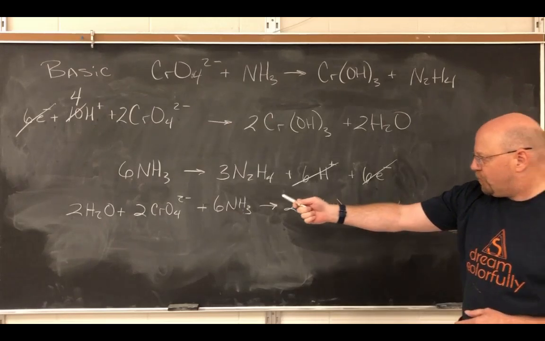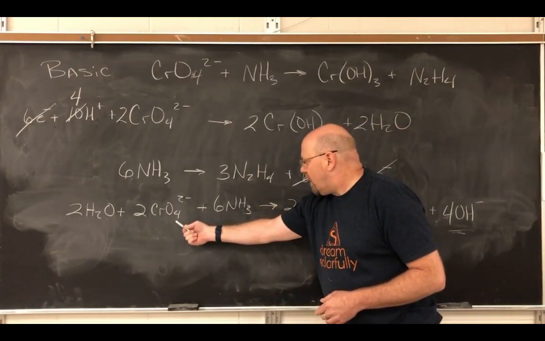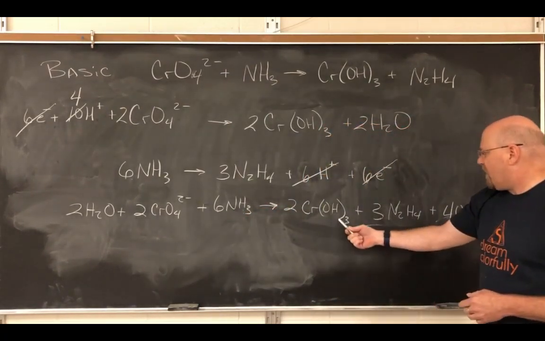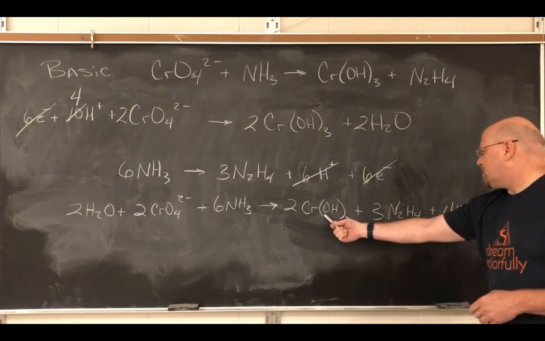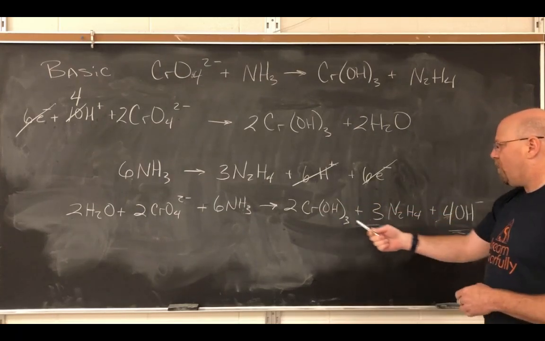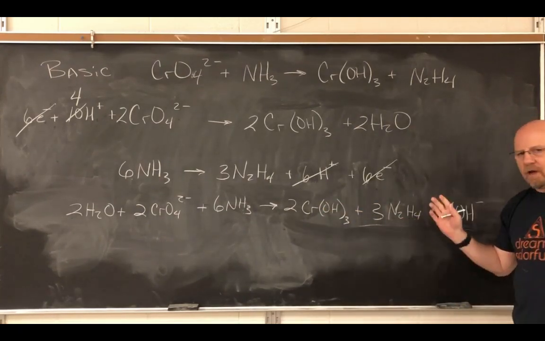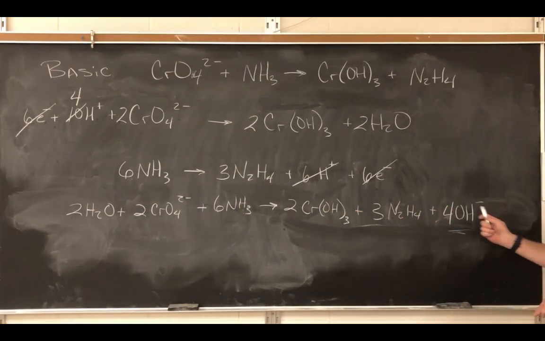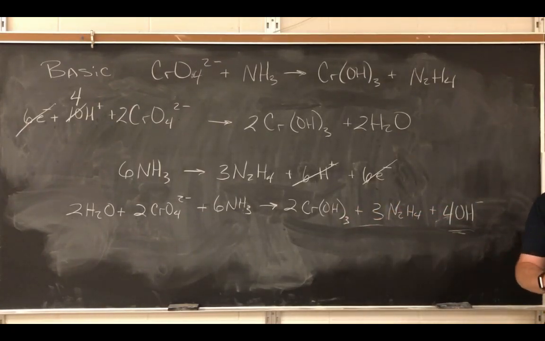We've got 8, 10 oxygens. We've got 6, 7, 8, 9, 10 oxygens, 2 chromiums, 2 chromiums, 6 nitrogens, 6 nitrogens. We're done. This is our balanced reaction in basic solution.